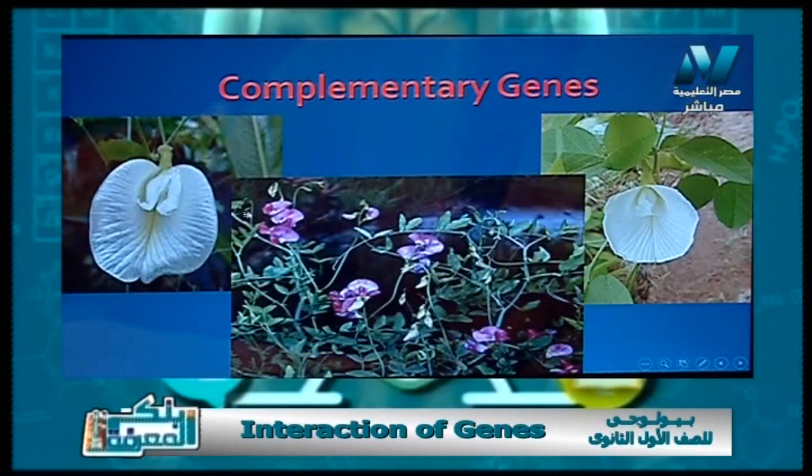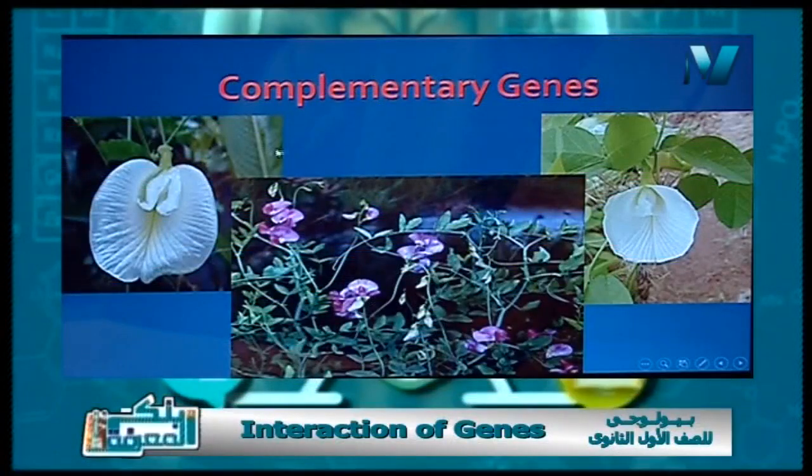Now, my dear students, we come to another method of gene interaction. This is called complementary genes. You know that Mendel worked on the edible pea plant, but now we are going to study the garden or ornamental pea plant.